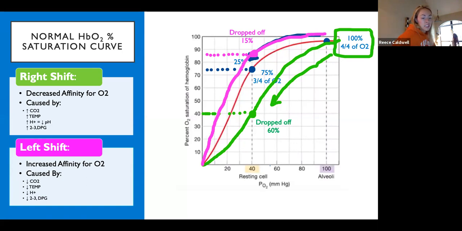If we have increased hydrogen ions in the body, for example, when you work out and you feel the burn, that's because hydrogen ions are accumulating in your muscles. In your muscle cells, when hydrogen ions accumulate, that's when you feel that burn.